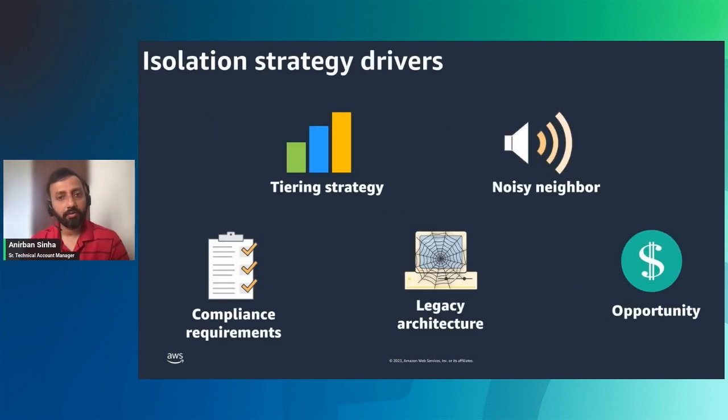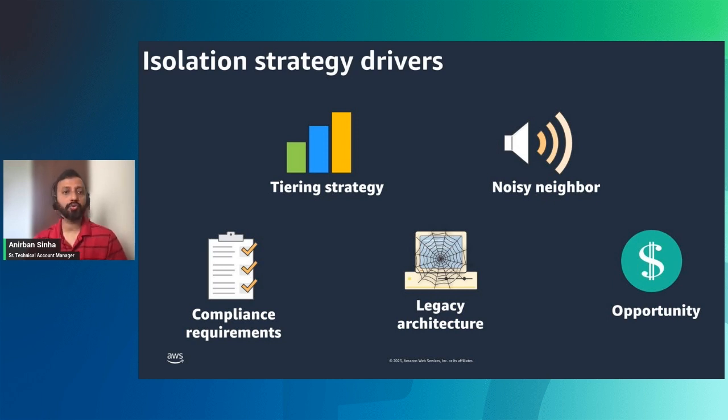One of the key requirements to address SaaS is how you isolate the data as well as the compute resources. So there are some key drivers for that isolation strategy. Tiering is like basic, gold, and premium features, which you will offer and have different SLA requirements for your tenants, and that drives your different isolation strategy.